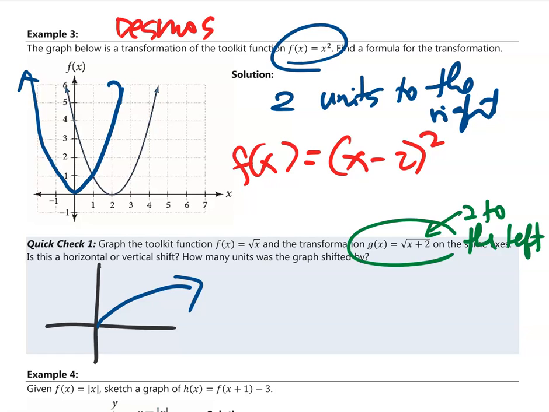On the same set of axes, is this a horizontal or vertical shift? That is 2 to the left, so that is a horizontal shift. How many units was the graph shifted by? 2 units to the left.